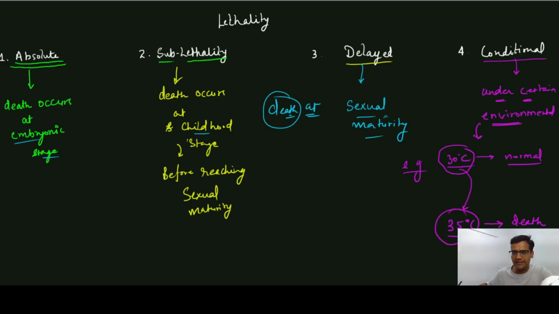Means at high temperature there occurs death, and at the lower temperature the organism behaves normally. So this is what we call conditional lethality. If the condition persists at 30 degrees Celsius, the organism survives. But if there is a change in the environmental condition, then there occurs death. So there are some organisms in nature which show conditional lethality.